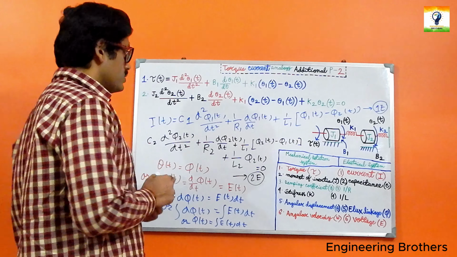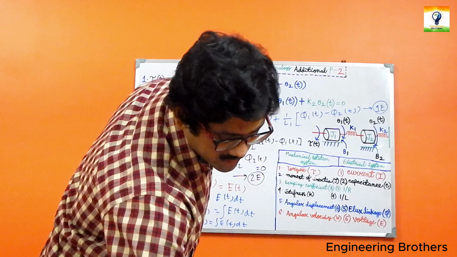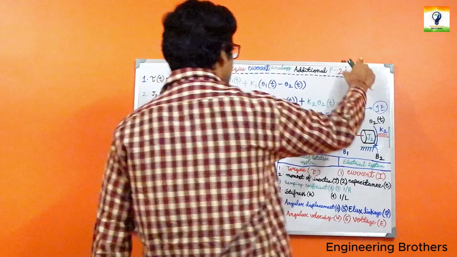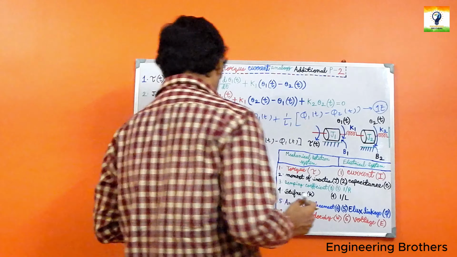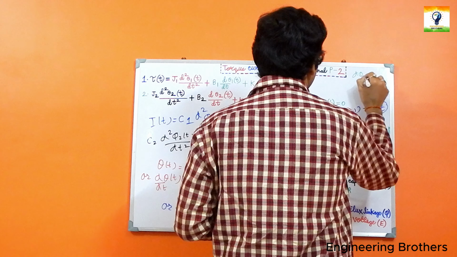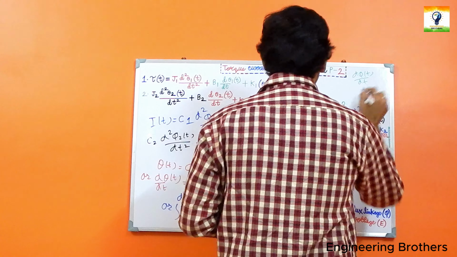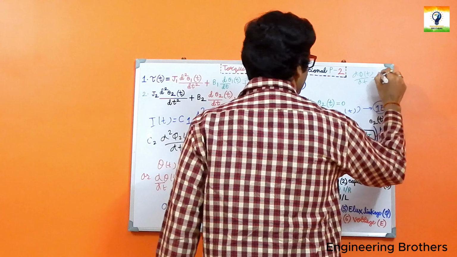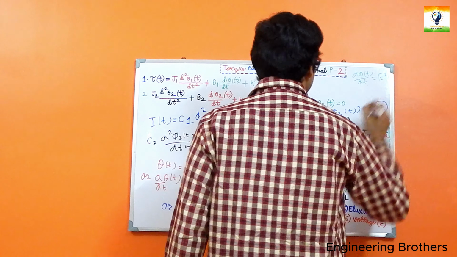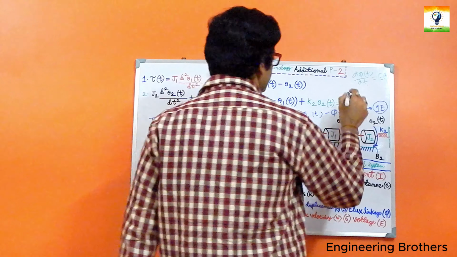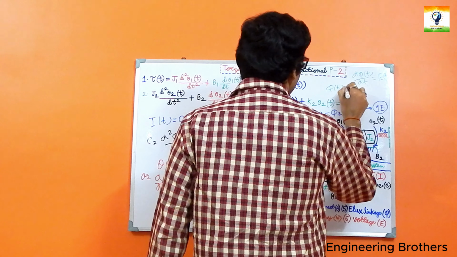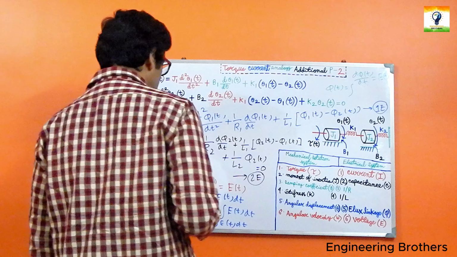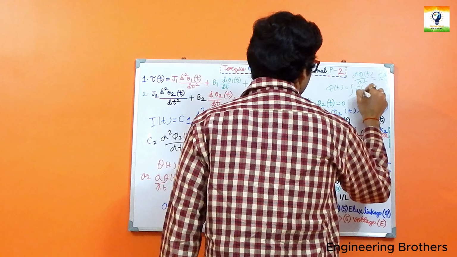Now we require to use these two relations, so I am going to list them and replace them in equations 1e and 2e. The first relation is d phi t by dt, which is equal to E t. The second relation is phi t, which is equal to the integration of E t dt.